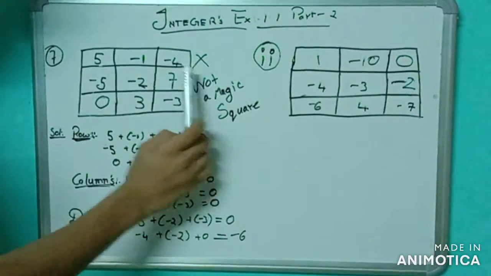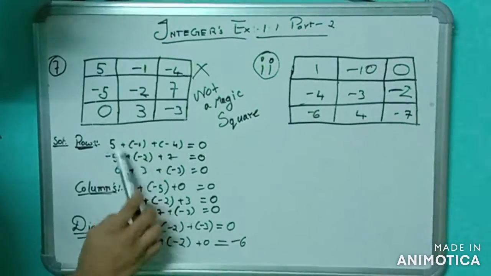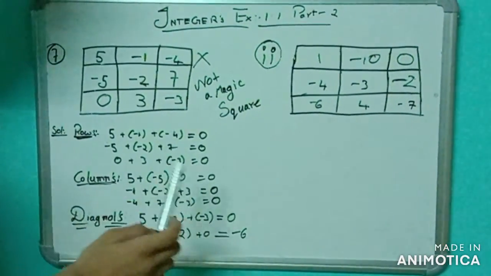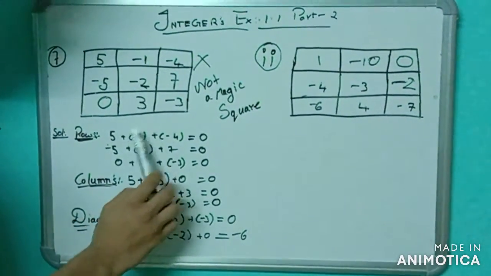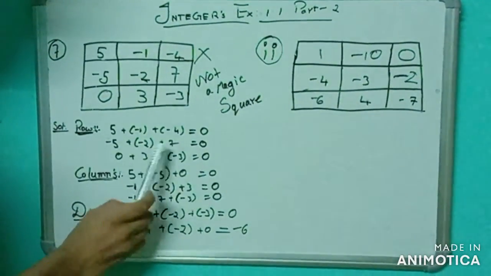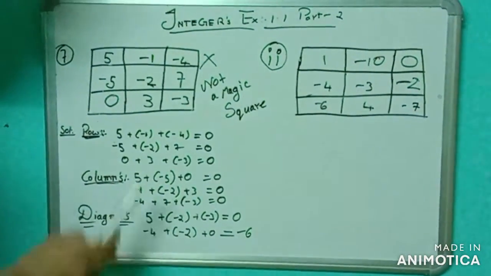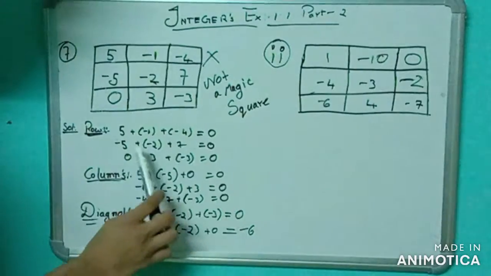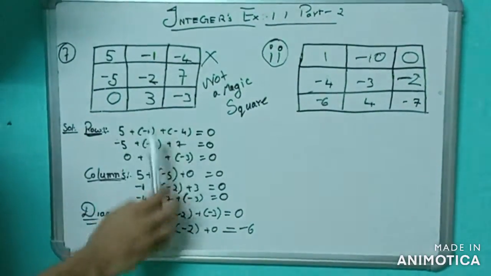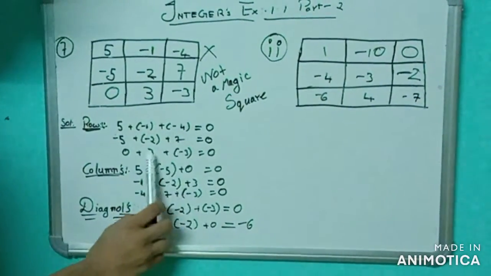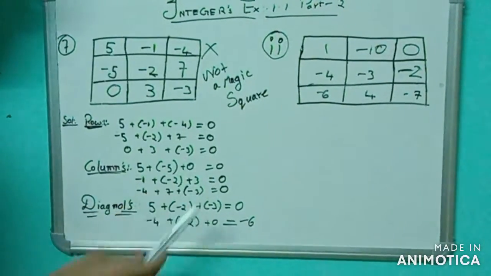And the second row: minus 5 plus minus 2 plus 7 is equal to 0. Here minus 5 plus minus 2 is equal to minus 7. Minus 7 plus 7 is equal to 0. Here in the third row, 0 plus 3 plus minus 3. Plus minus is equal to minus, 3 minus 3 is equal to 0. 0 plus 0 is equal to 0.